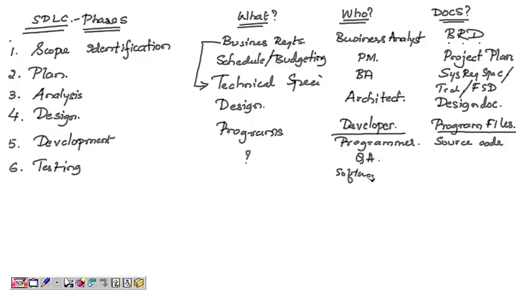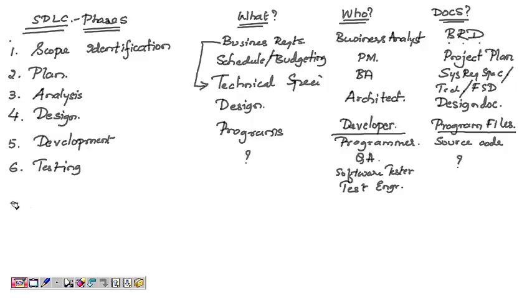Software tester or QA analyst, or we can call him test engineer. All these roles are one and the same. QA analyst, software tester, test engineer, right? So when you want to search for a job, you can give different kinds of search. What documents does he prepare? This also we will learn in detail throughout the course.